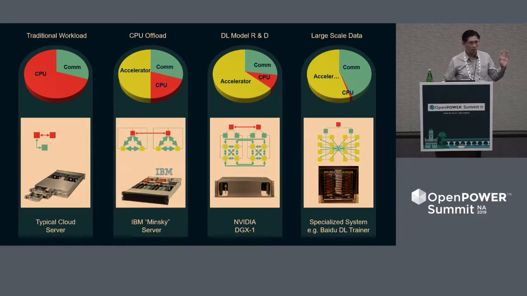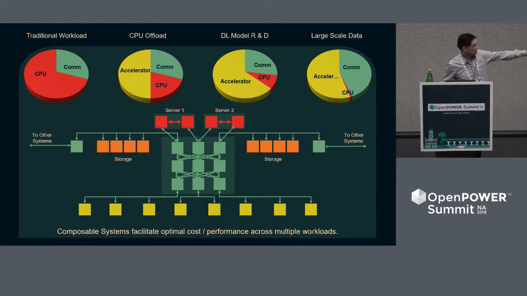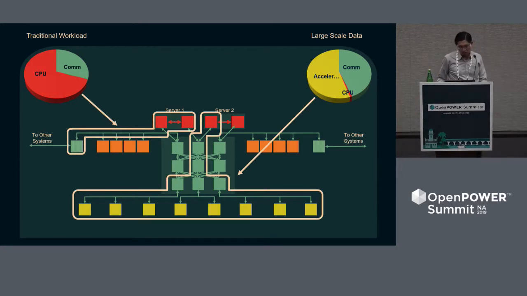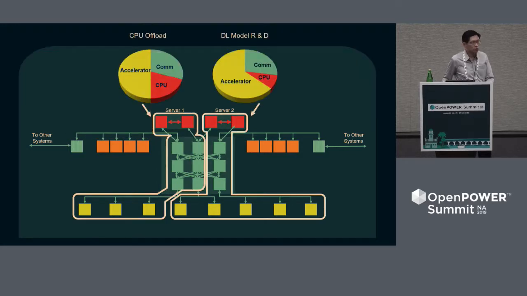They just buy servers plus this, our Gen 3 product. It dynamically allocates different GPUs to the server to build GPU composable systems. That's the composable AI motivation.